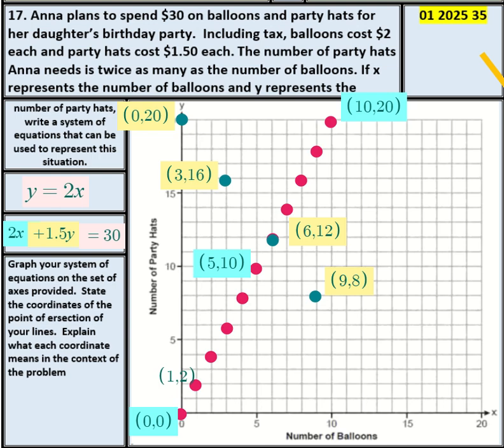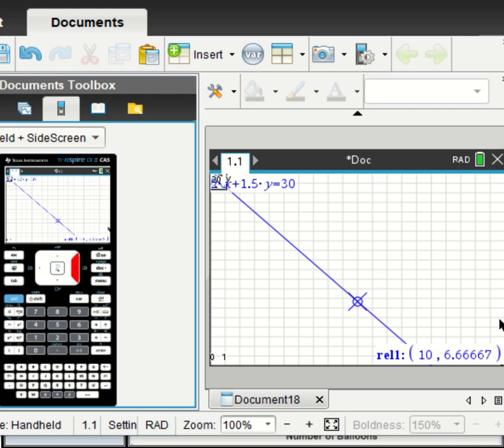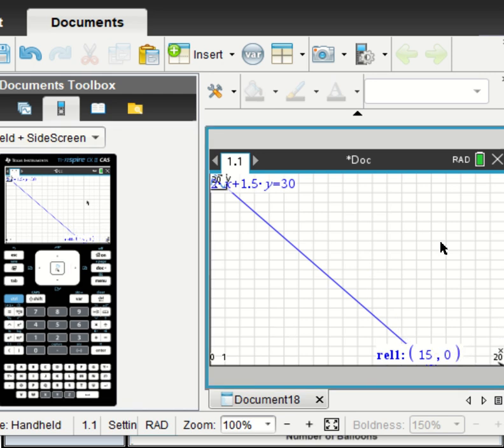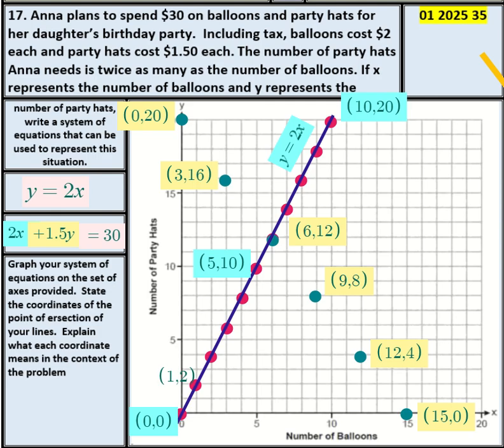And to finish off our line, we go to (12, 4), and finally (15, 0). So now that I have all the points plotted, I can connect the dots to show my line.